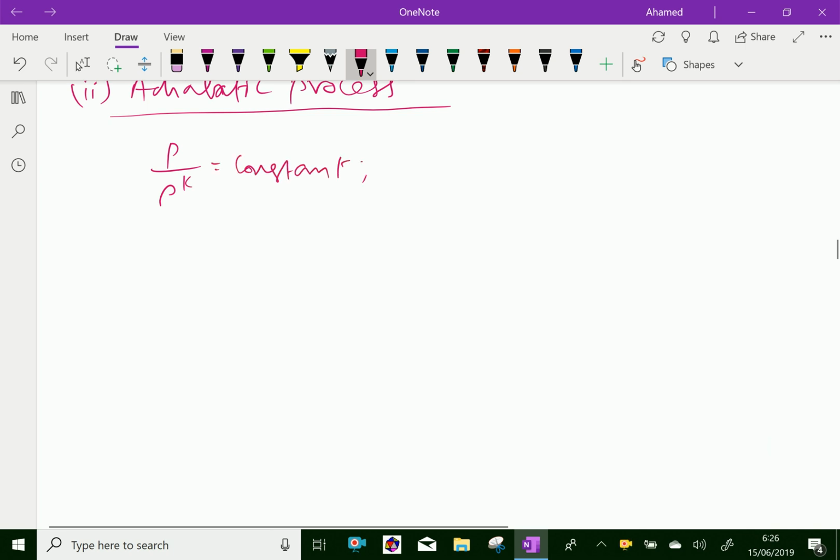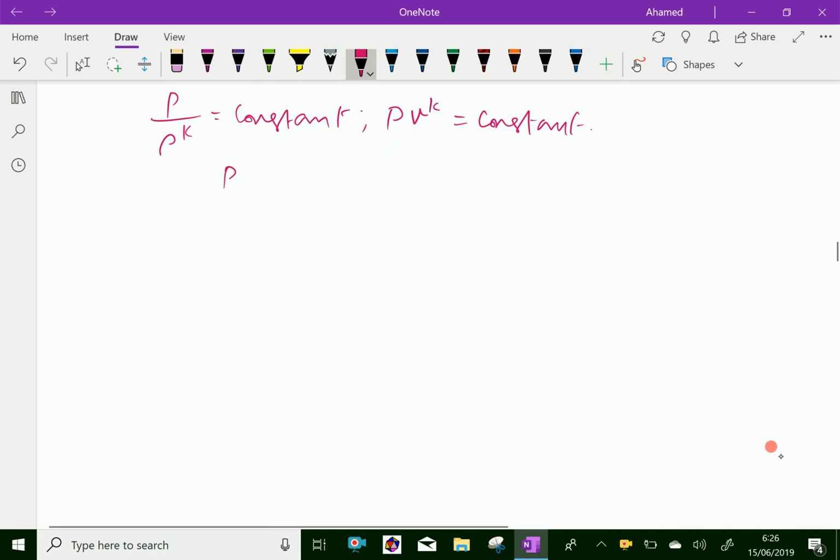Therefore, we can write PV power K equal to constant. In general, we can write P1 V1 power K equal P2 V2 power K. Now, here P2 equal P1 V1 power K by V2 power K.